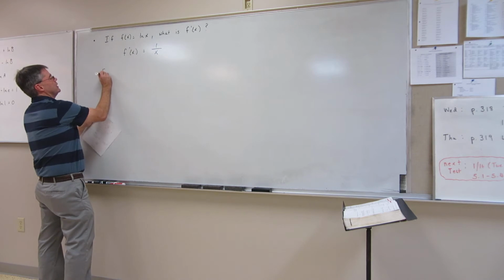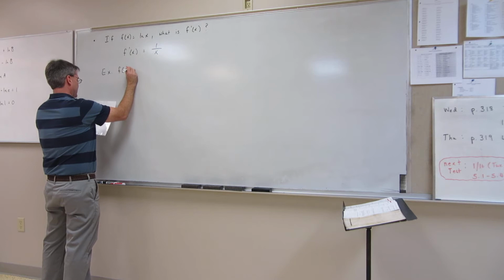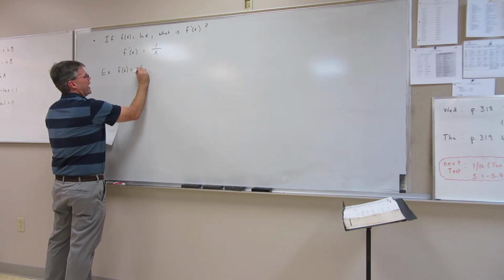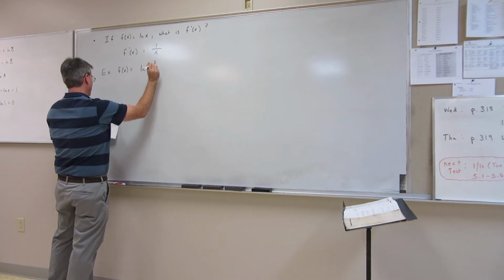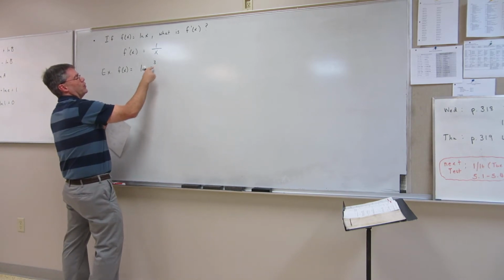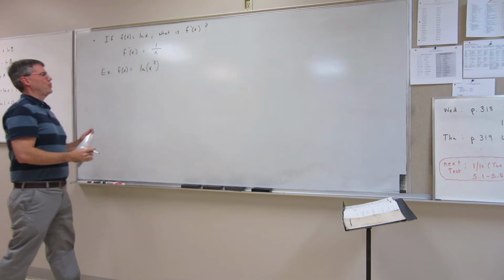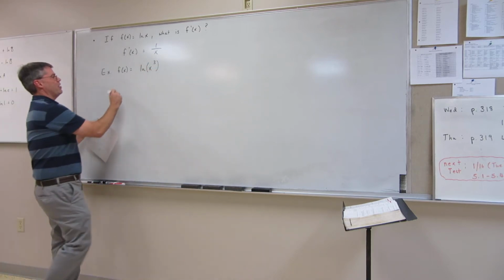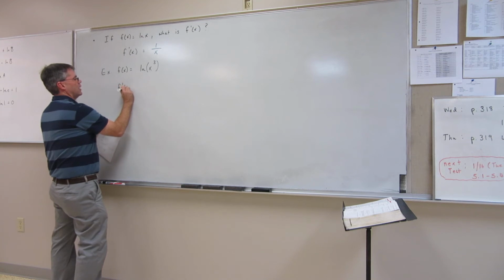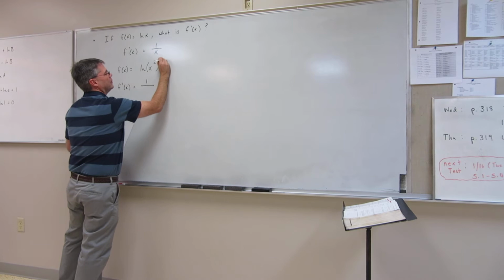So our first example is f of x is equal to the natural log of x cubed. Okay. So think of x cubed as the blob. If it makes it easier, we'll just put parentheses around that. So f prime of x is equal to 1 over the blob.